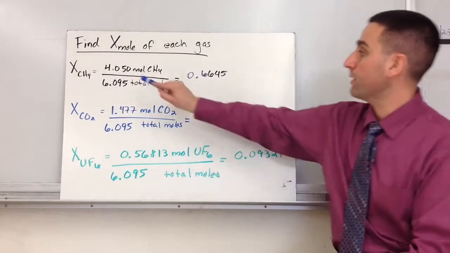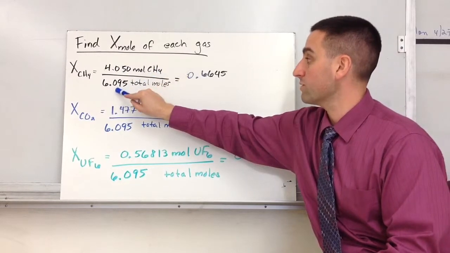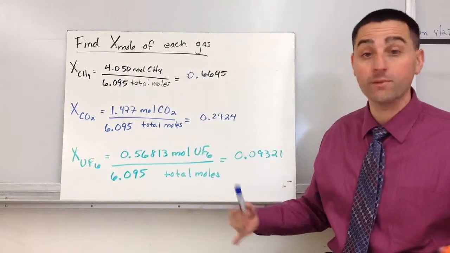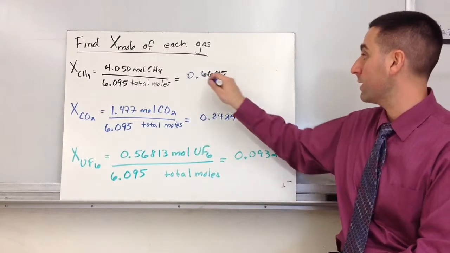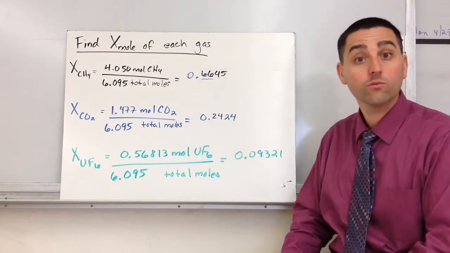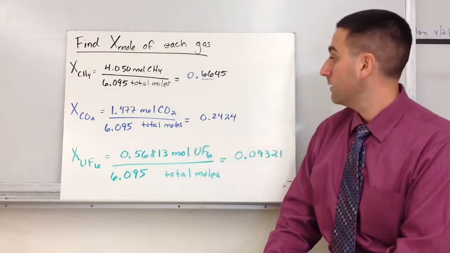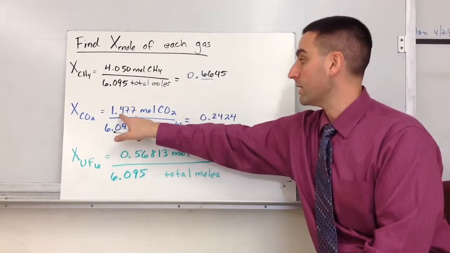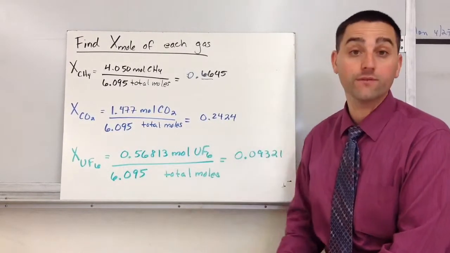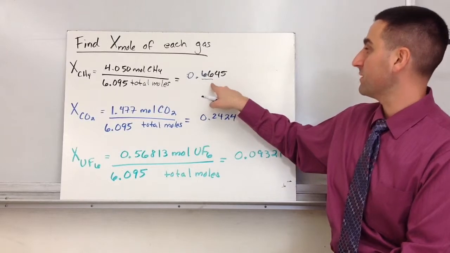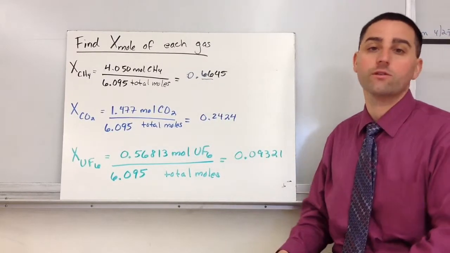If you've got roughly, we'll call this 4 moles of methane, and you've got 6 moles of all three gases total in the mixture, methane makes up 66%, I'm rounding here, of the total, which makes sense because we've got over 4 moles of methane. We got a little under 1.5 moles of CO2 and a little bit more than half a mole of UF6. So methane should make up the majority of this gas mixture.